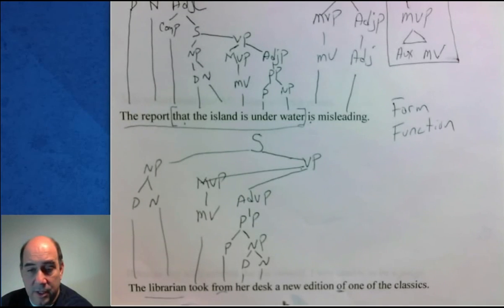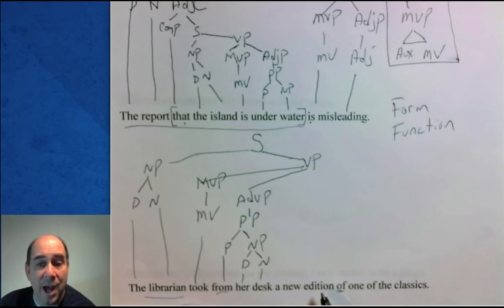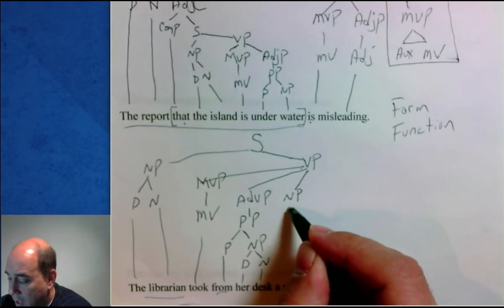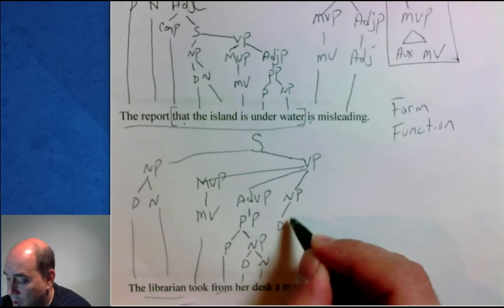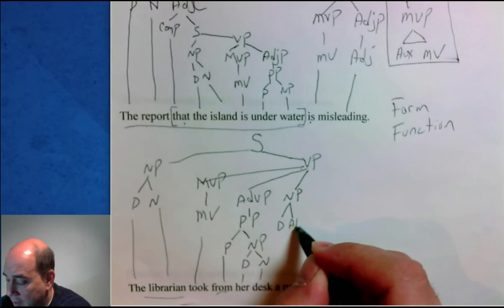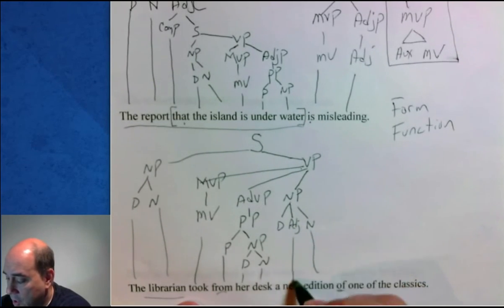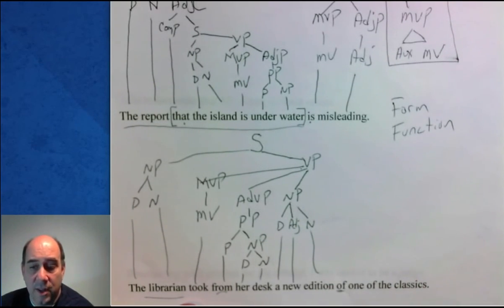Took from her desk. A new edition. What's a new edition? That sounds like a noun to me. So we'll come off here and say noun phrase. This noun phrase includes a determiner, an adjective, and a noun: edition, new, a. So that's done. Of, hold on, there's something here. What's this doing? Here's your prepositional phrase. What's it doing?